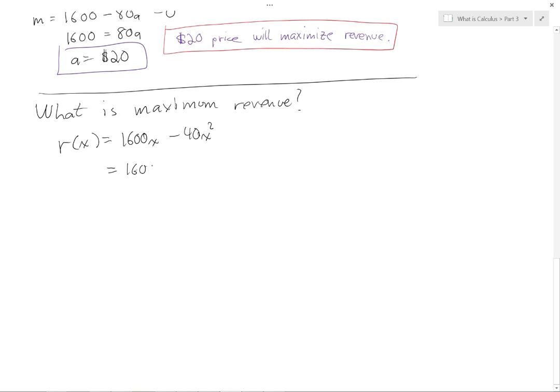So 1,600 times $20 minus 40 times 20 squared. Once we compute this, 1,600 times 20 is 32,000. And then I have 40 times 400, so it's 16,000. 32,000 minus 16,000, and that's where our $16,000 comes from.